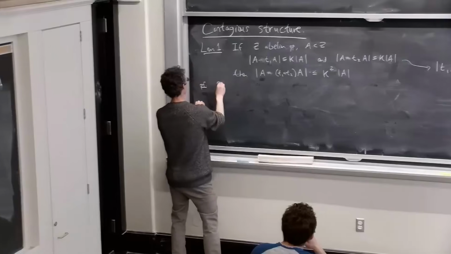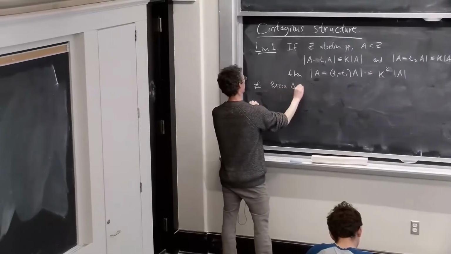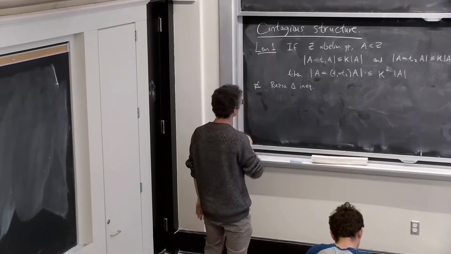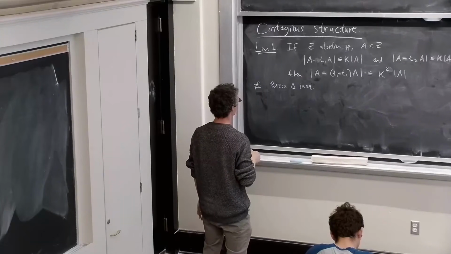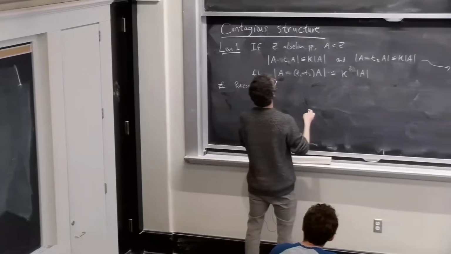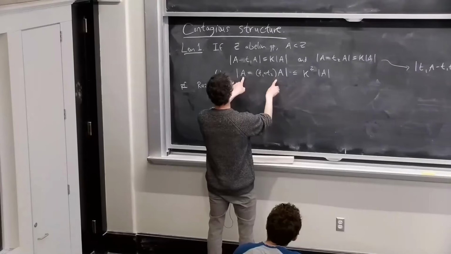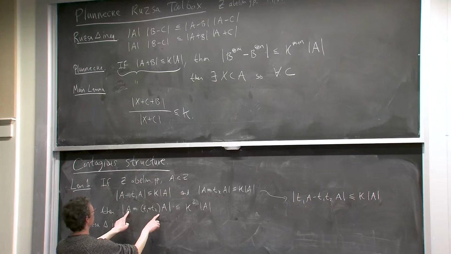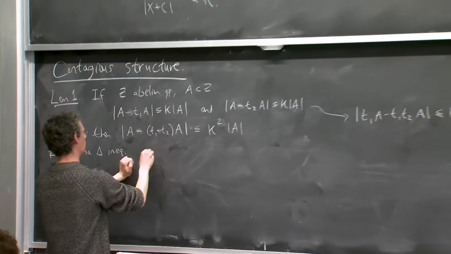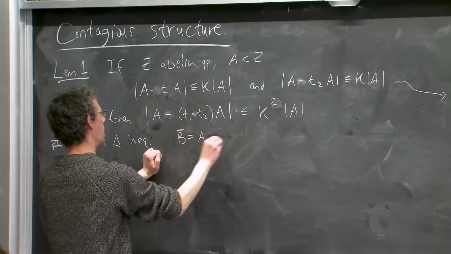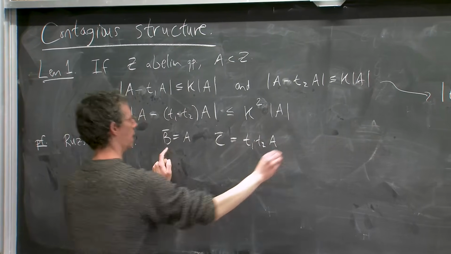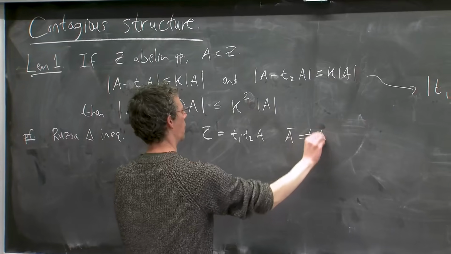So the proof is by the Ruzsa triangle inequality. We have to decide who's A and who's B and who's C, and we want to bound B minus C. I'll call B-bar A, C-bar T1T2A, and then A-bar must be T1A.